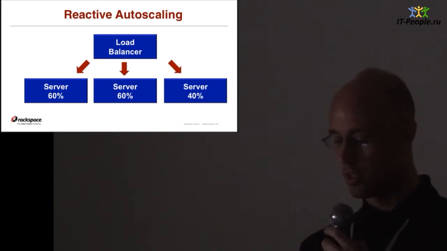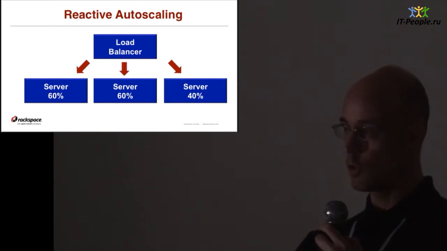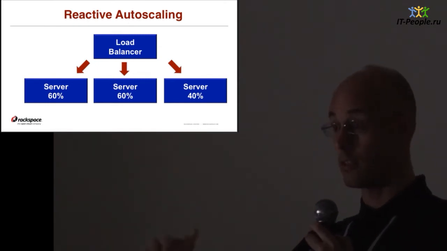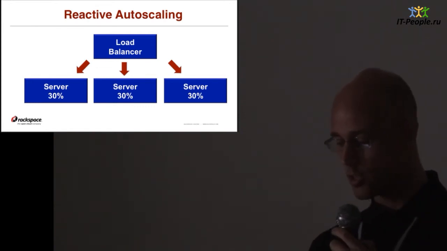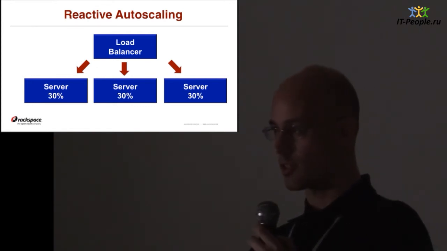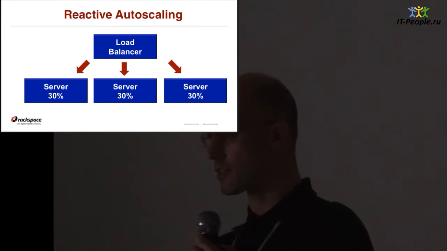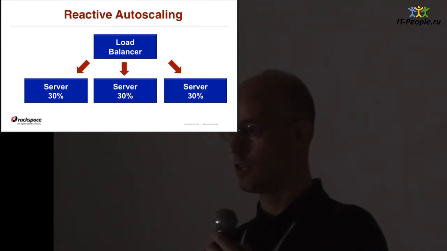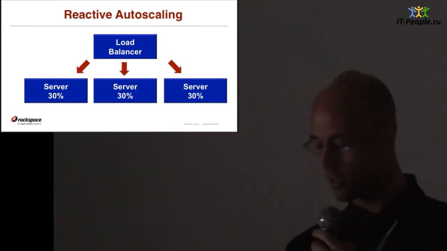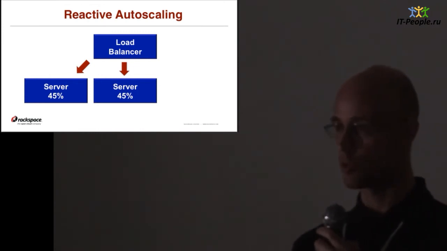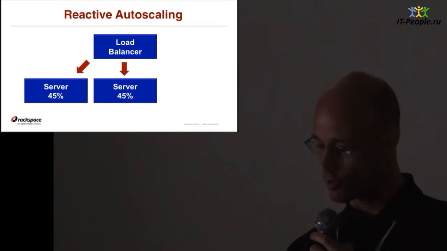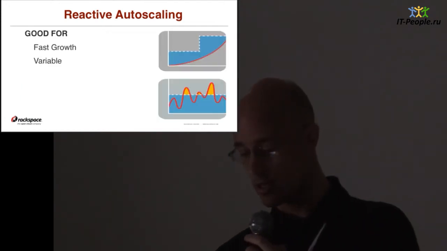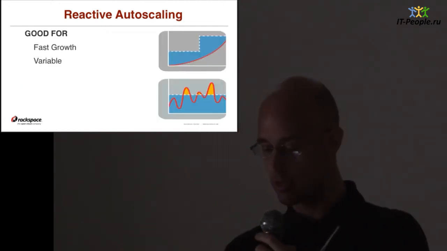So now the overall average load of the entire infrastructure is lowered. As soon as traffic decreases below a certain lower threshold, you will be able to spin that server down again. So you end up again with 2 servers. This is reactive scaling, and it's extremely good for fast growth and variable.